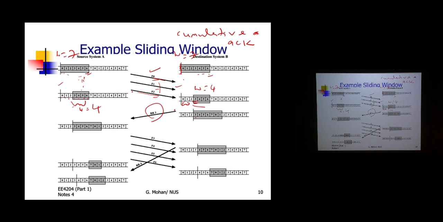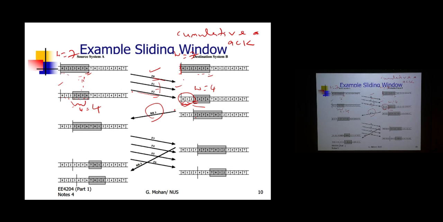That means when it says it's ready to receive frame number 3 onwards, it implicitly acknowledges frame number 2 and the earlier frames. What are the earlier frames? You can look at this. These are the frames which were received, 0, 1, 2. That means it acknowledges all the 3 frames. Is that fine?